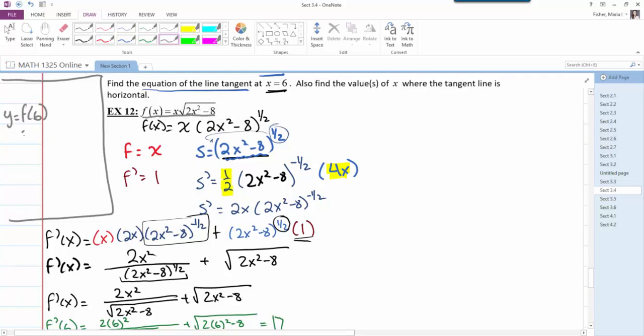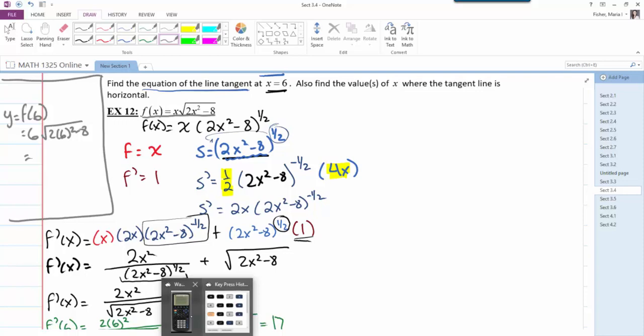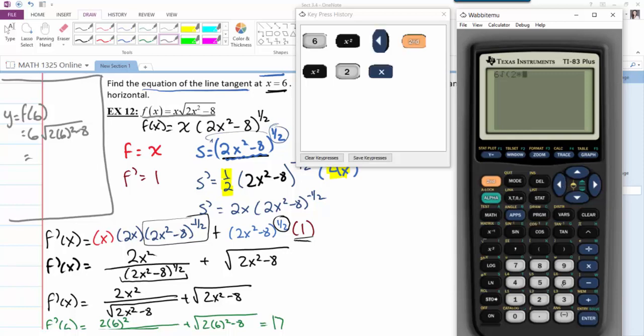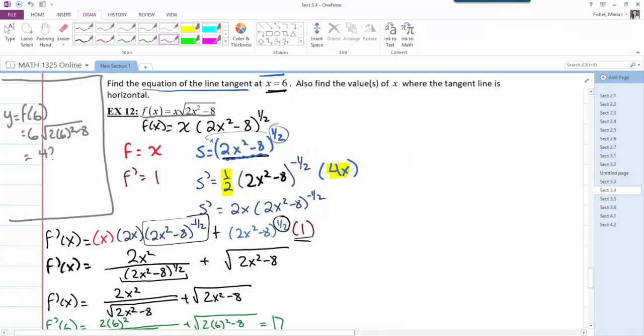So it's going to equal 6 times the square root of 2 times 6 squared minus 8. And if we grab the calculator to figure that out, we would end up with 6 times the square root of 2 times 6 squared minus 8. And we get 48. So the y value is 48.